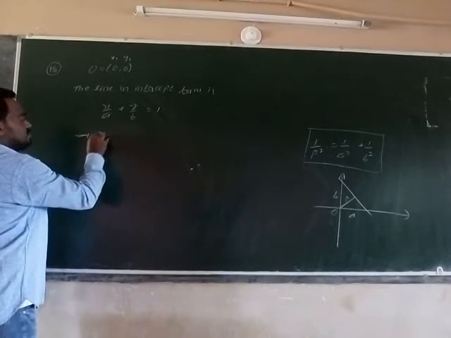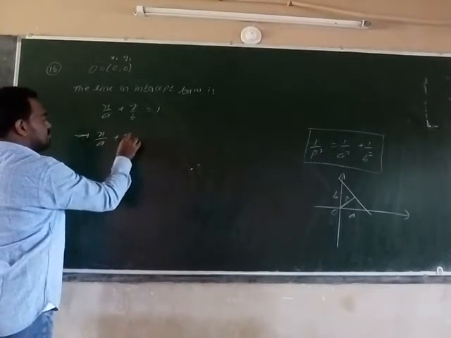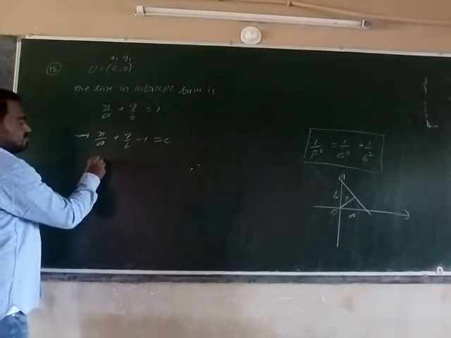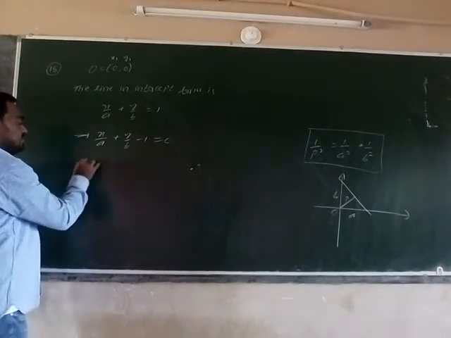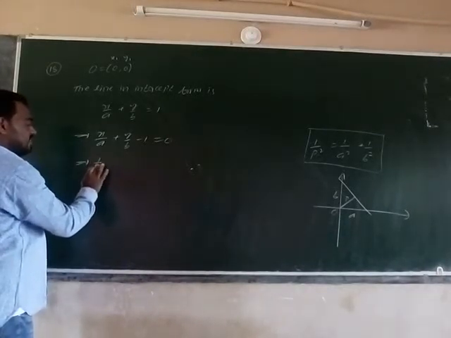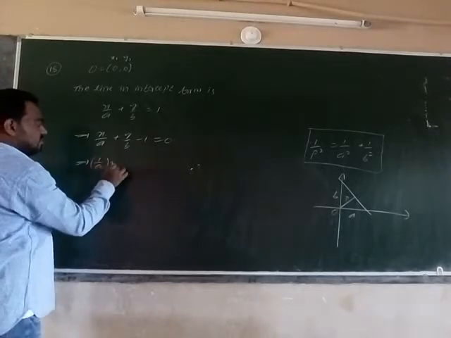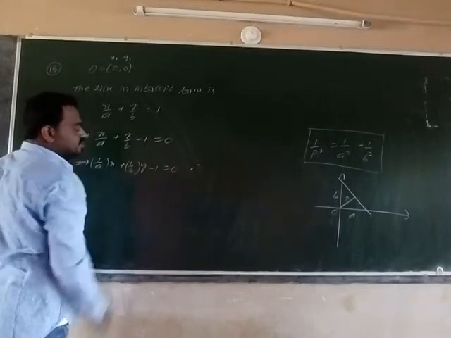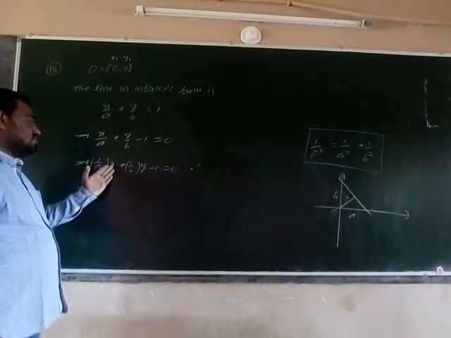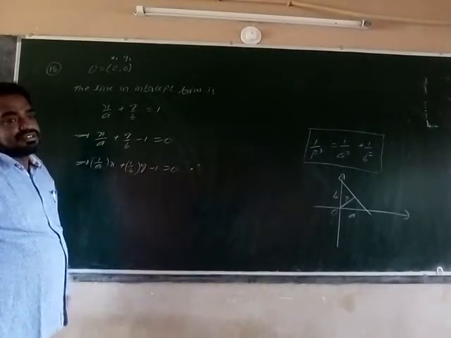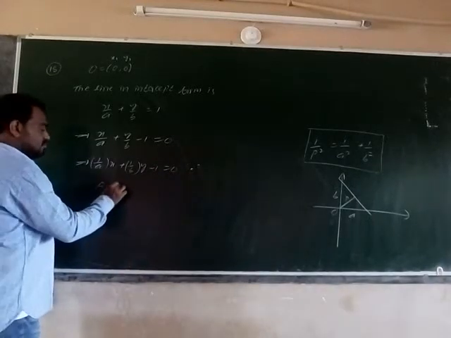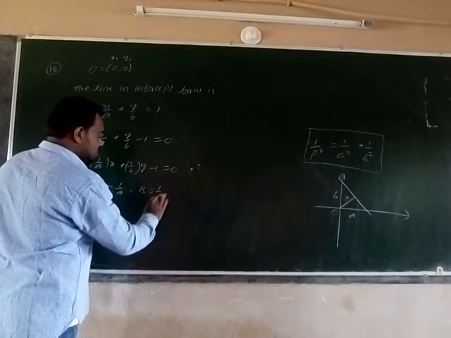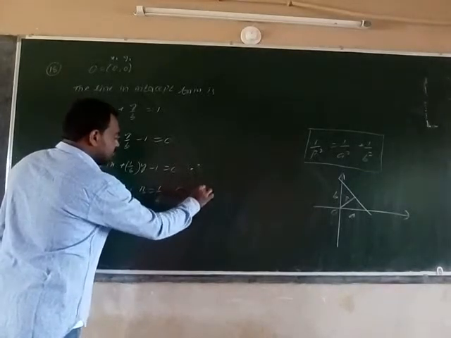From that, x by A plus y by B minus 1 is equal to 0. Or, writing one more step, 1 by A into x plus 1 by B into y minus 1 equal to 0. This is in the form ax plus by plus c equal to 0. What is a? The x coefficient, that is 1 by A. b is 1 by B, c is minus 1.